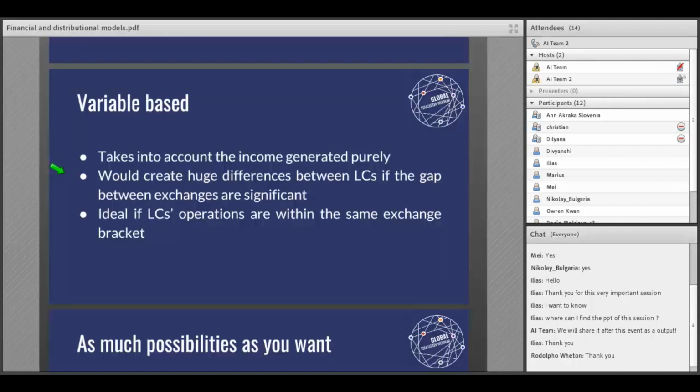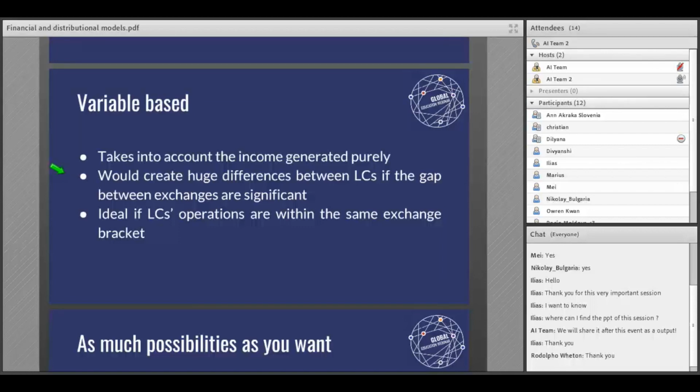So if you're going to do variable based, and since it is purely calculated usually on exchanges, and all the LCs in your entity have a very significant gap, then the fees in each of the LCs would also be significantly different as well.